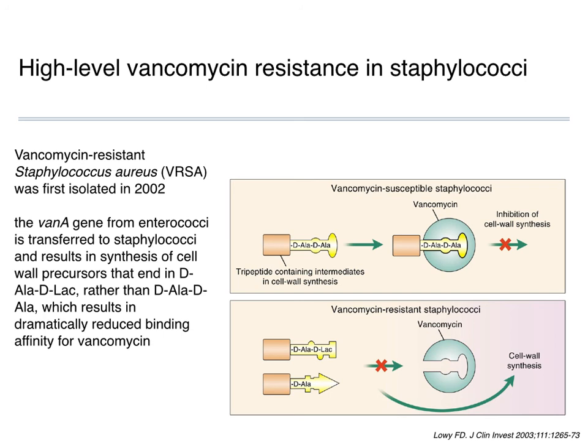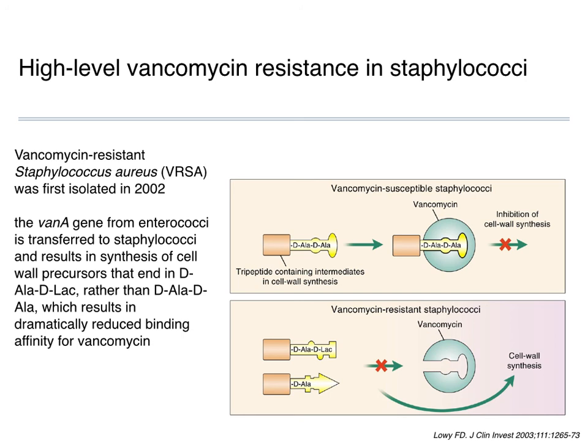As opposed to VISA or GISA, where you have a relatively moderate elevation in the MIC and you can maybe still get away with using vancomycin, these isolates are all very highly resistant to vancomycin, with very high MICs, and patients who have VRSA strains often had failure of vancomycin therapy during the course of therapy.